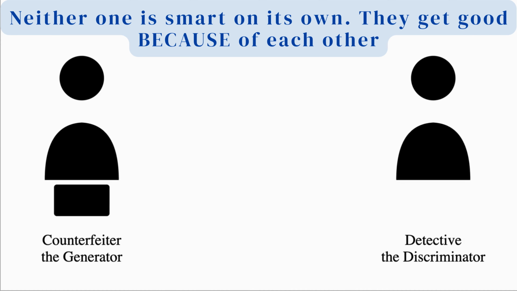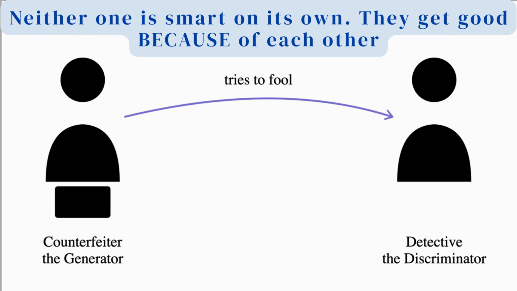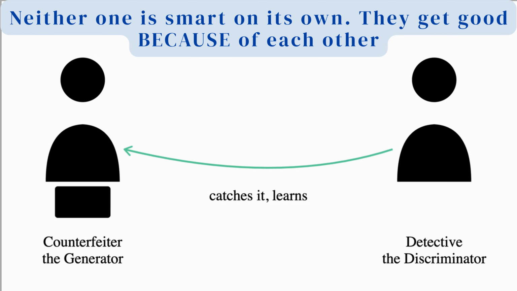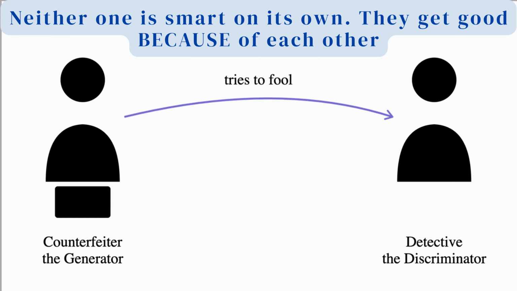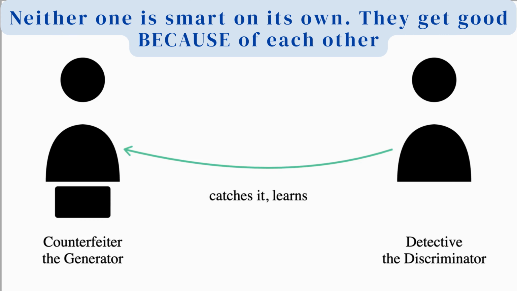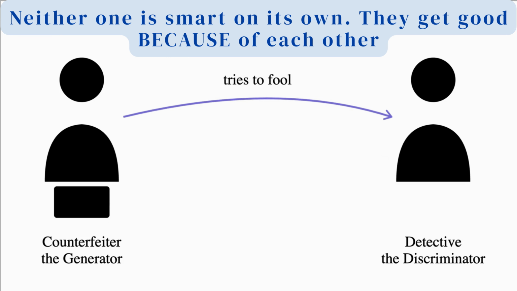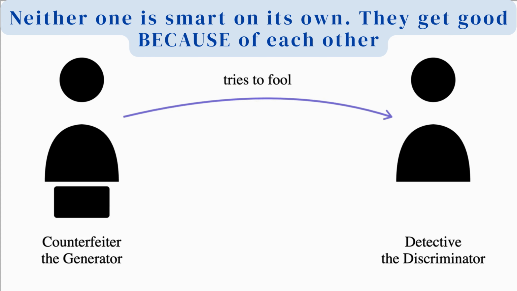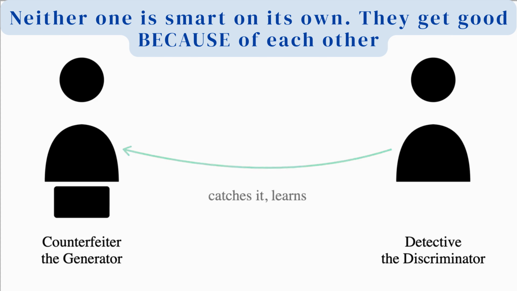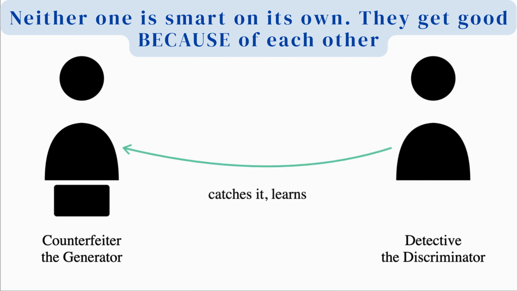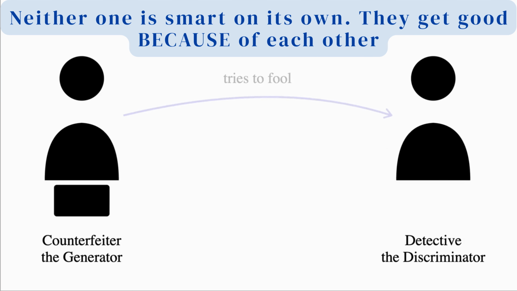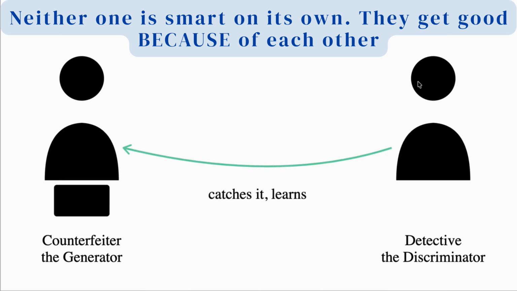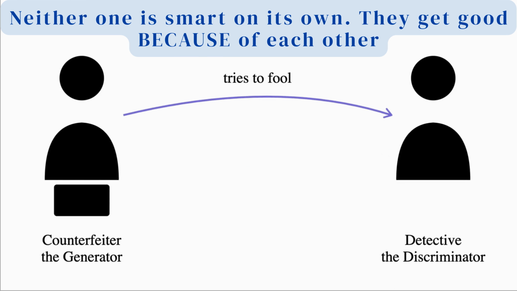Again the detective checks it and again the detective tries to catch it. But this time the fake is a little better. So the detective also has to become better at spotting fake money, right? And this process keeps repeating and repeating. The fake money maker keeps improving and the detective keeps improving. The better the detective becomes, the better the fake money maker has to become.